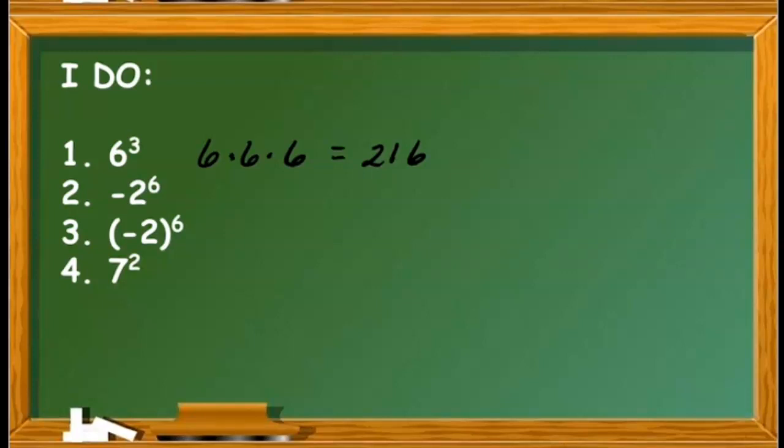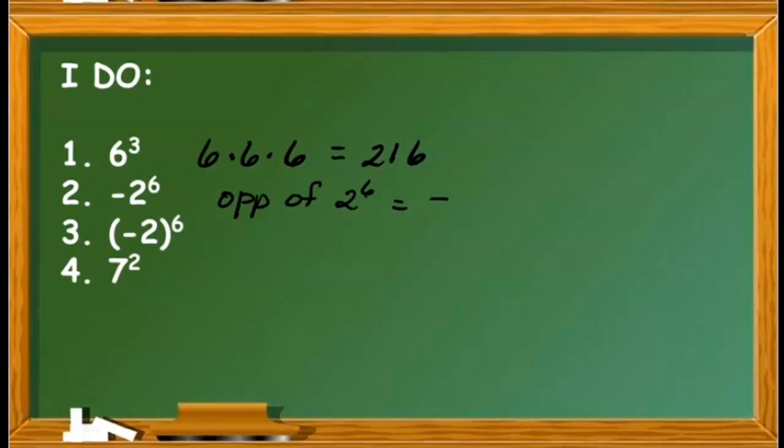Now, number 2 and number 3 are two in particular that I really want to talk about, because it does make a difference whether or not you have parentheses. When you have number 2, what this really means is the opposite of 2 to the 6. So this is going to give you a negative answer.